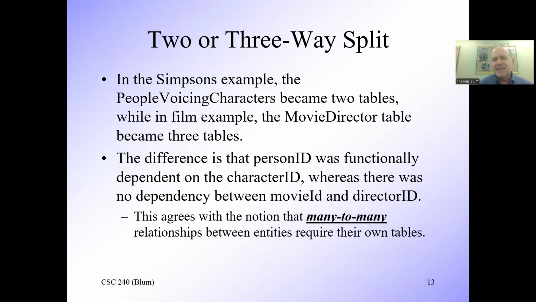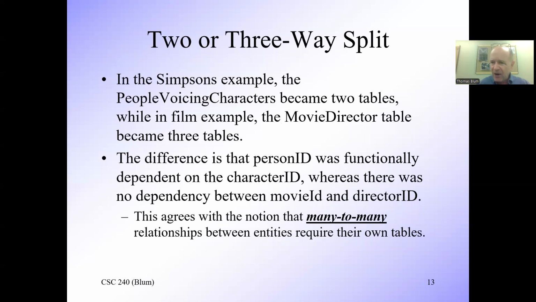But in our Simpsons example, we imagined that a character was voiced by one person. In the long run of the show, I'm not sure that's completely true, but that's how we imagined it when we were talking about that. And so when we have the character, the person who voices it is dependent on the character.